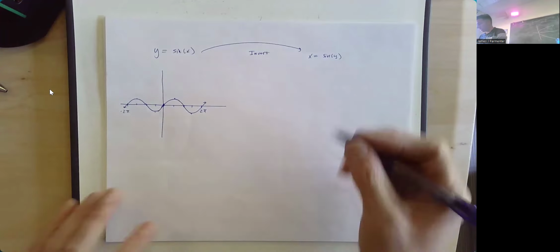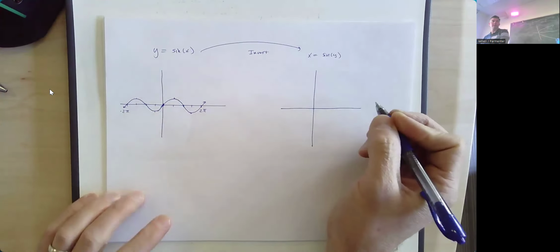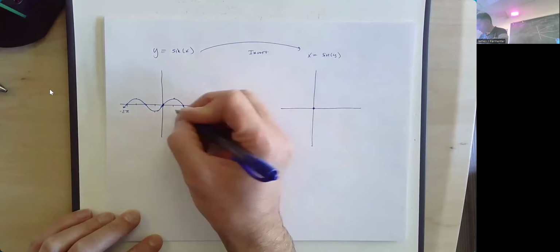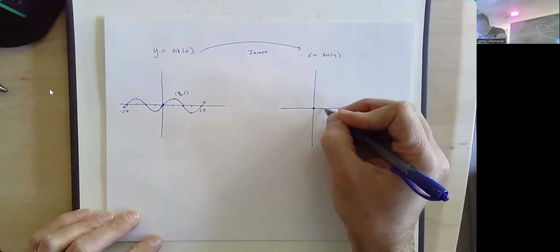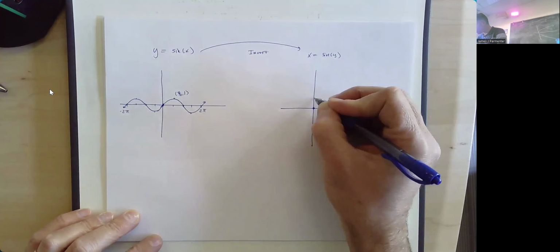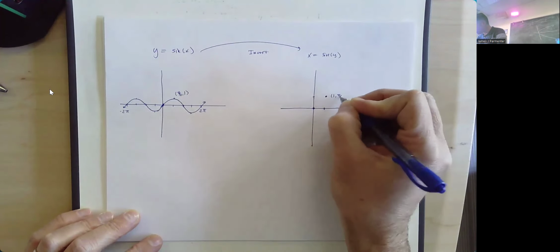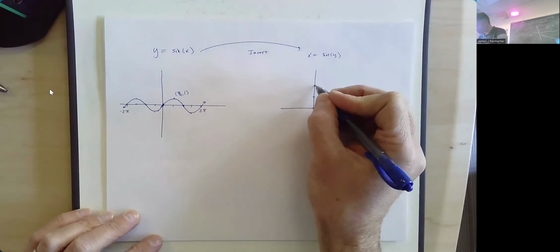In fact, all I'm really going to do to graph this is interchange all the points. So instead of 0, 0, I get 0, 0. Instead of pi over 2, comma 1, I get 1, comma pi over 2. Instead of pi, comma 0, I get 0, comma pi.